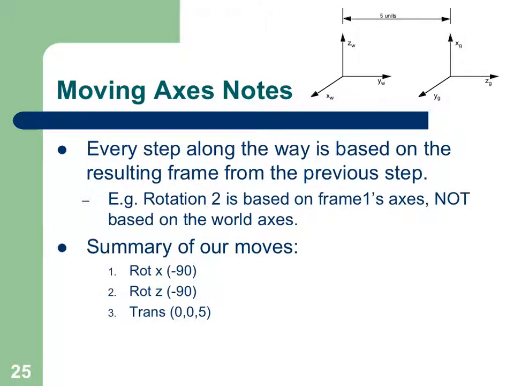The really important thing to note here for moving axes is that every step along the way is based on the resulting frame from the previous step. So when we did that second rotation about the z-axis by negative 90 degrees, that was about frame 1's axis, not the world axis, right?